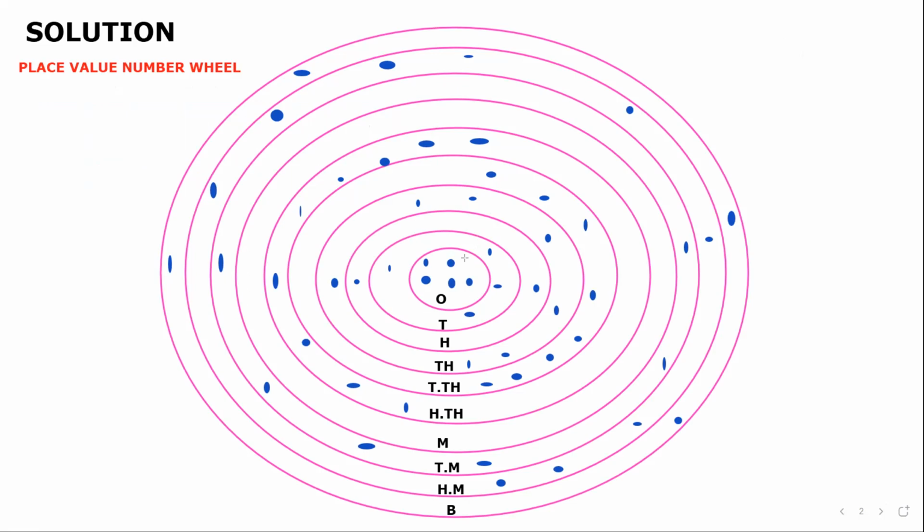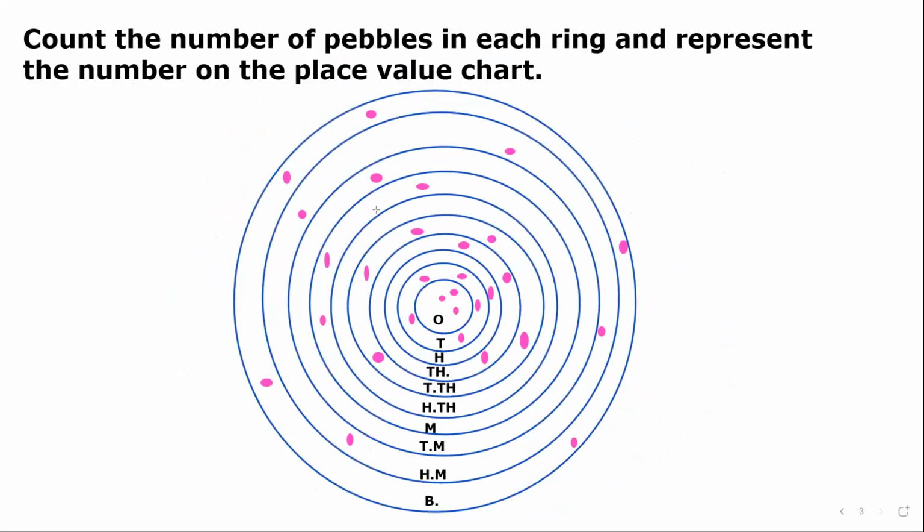But you are moving on to the situation whereby you have the wheel with a lot of dots within, and they will ask you to represent those dots by using the place value charts. Good. Now let's go. Now the example 2.